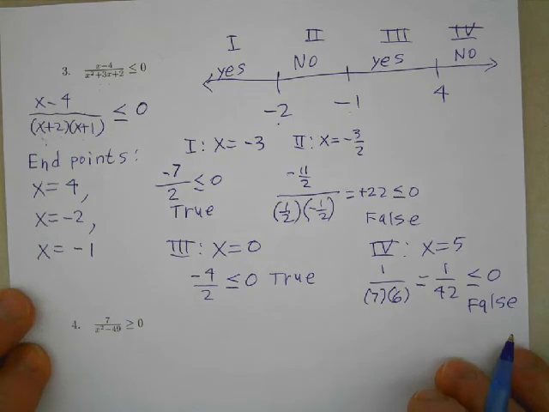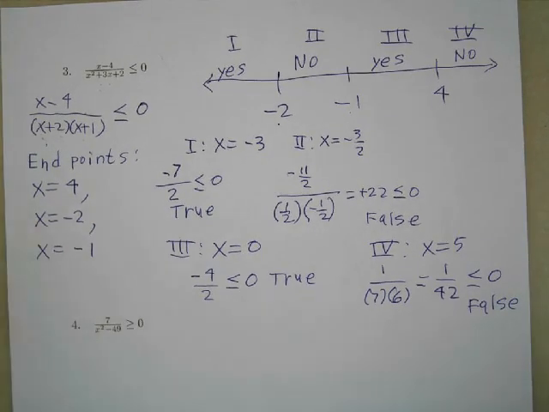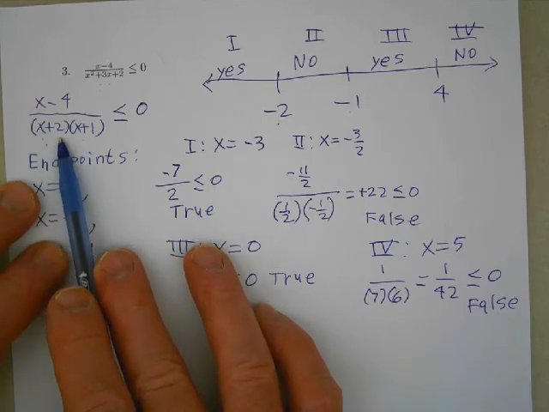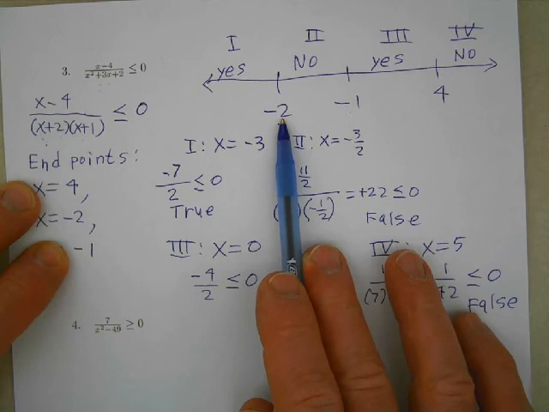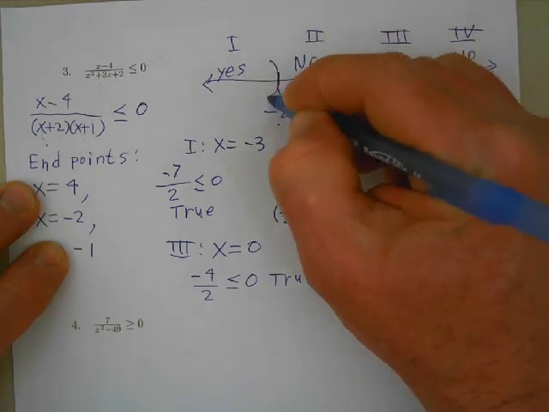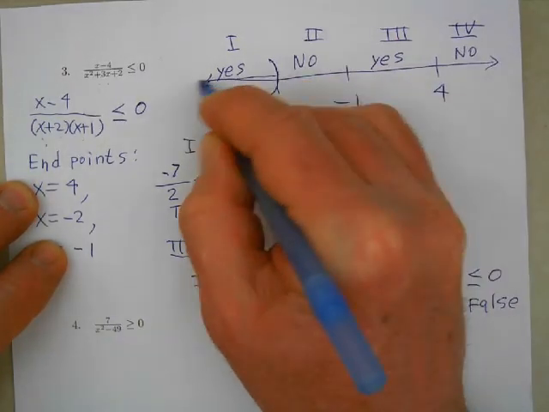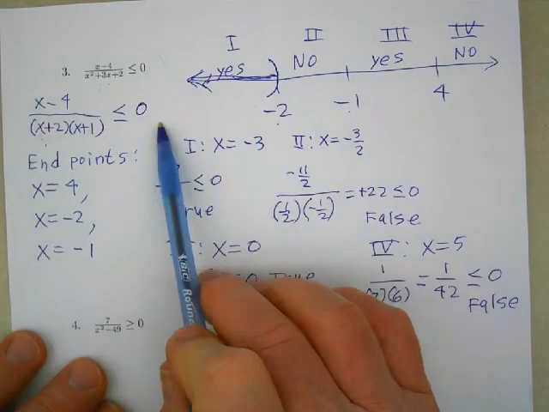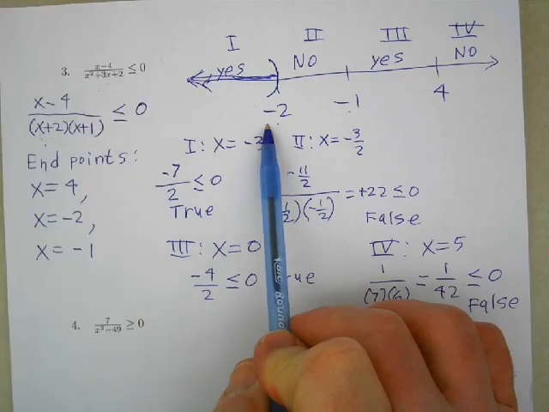And then we determine if the endpoints are included. Well, remember, any endpoint from the denominator is never included, so -2 is not part of the solution set. So we put a parenthesis at -2, and then we shade the interval to the left because from -infinity to -2, we have solutions.